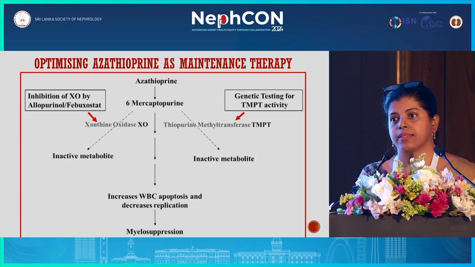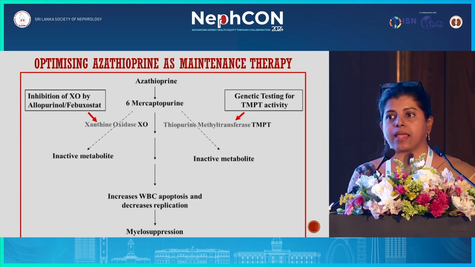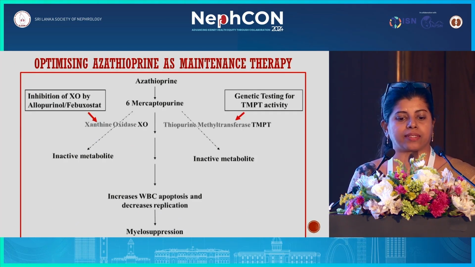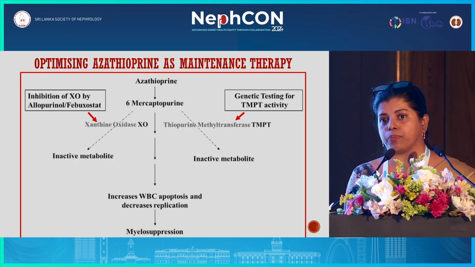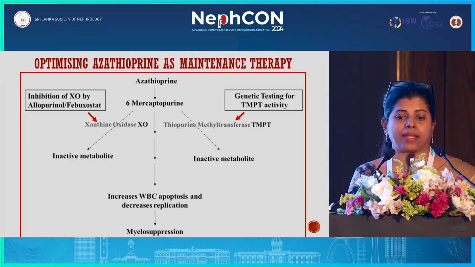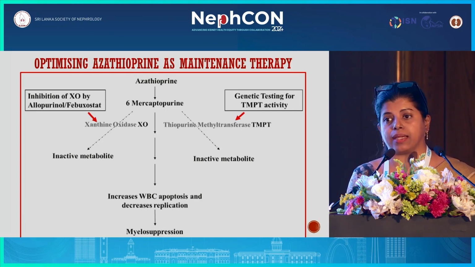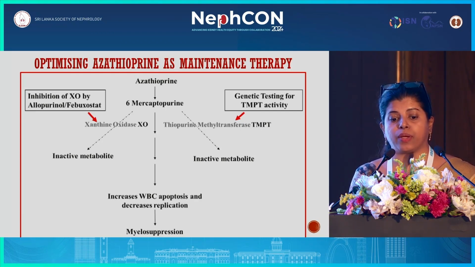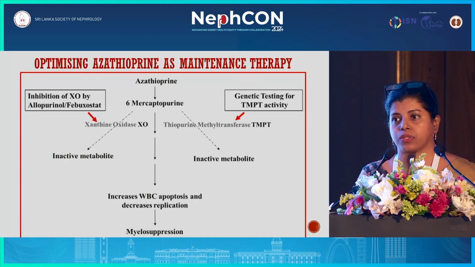Now, coming to azathioprine as maintenance, again, azathioprine is a prodrug. The active drug is 6-mercaptopurine. The toxicity of 6-mercaptopurine on bone marrow will increase if there is a variant in the TPMT gene, which will interfere with the thiopurine methyltransferase enzyme, or if there are drugs that can inhibit xanthine oxidase.